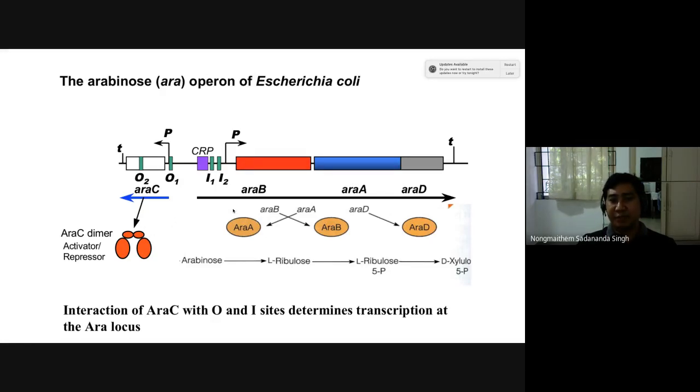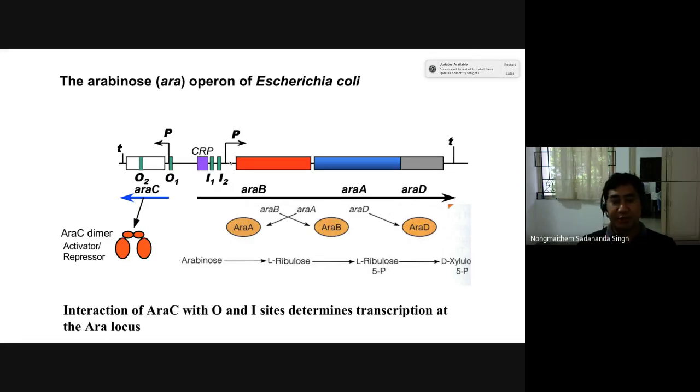And the PBAD promoter is the promoter which allows the utilization or degradation of arabinose; the araB, araA, and araD genes are regulated by the promoter around here.